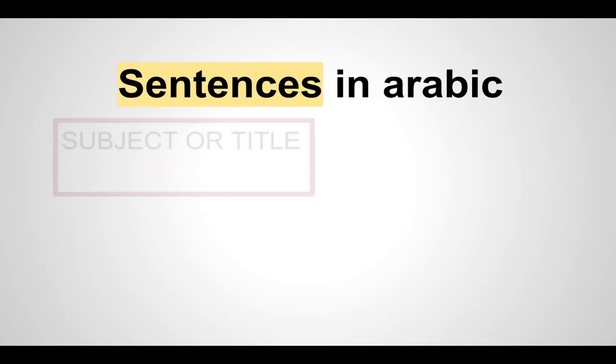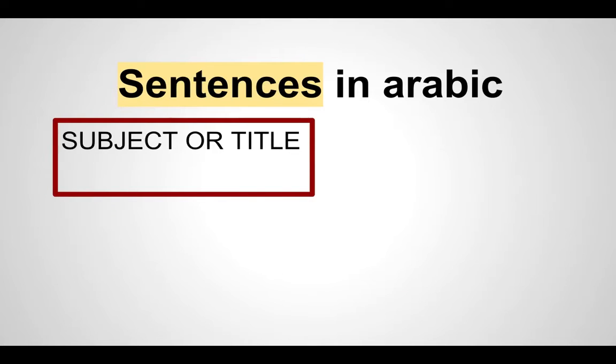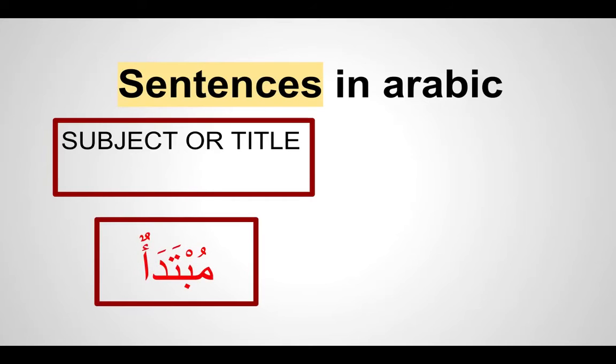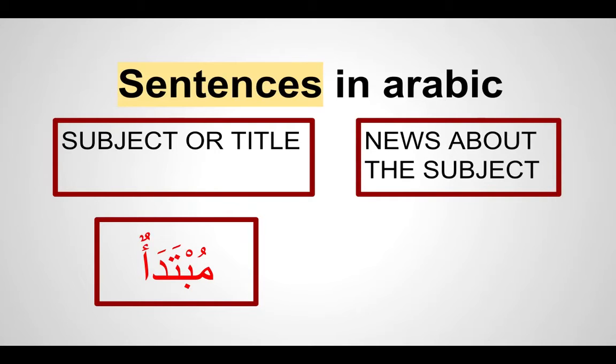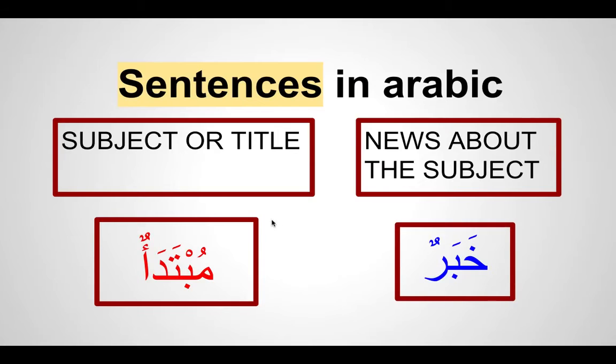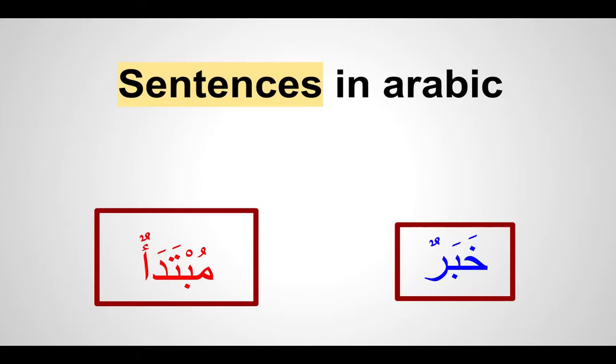The subject or title in Arabic is called mubtada, and the news about the subject is called khabar. Mubtada means the beginning; it's like ibtida in Urdu. So mubtada is the main subject, and khabar is the news.